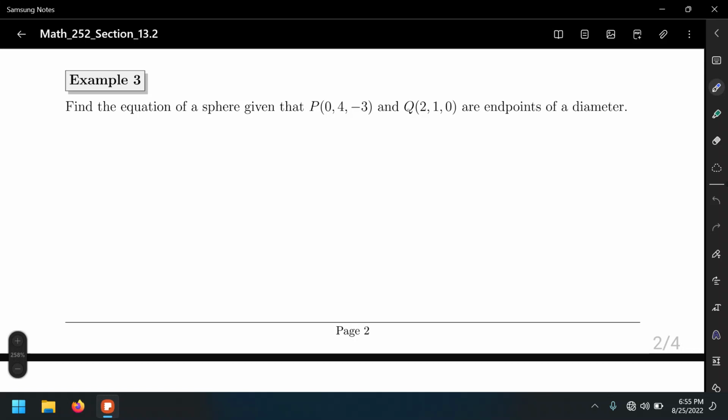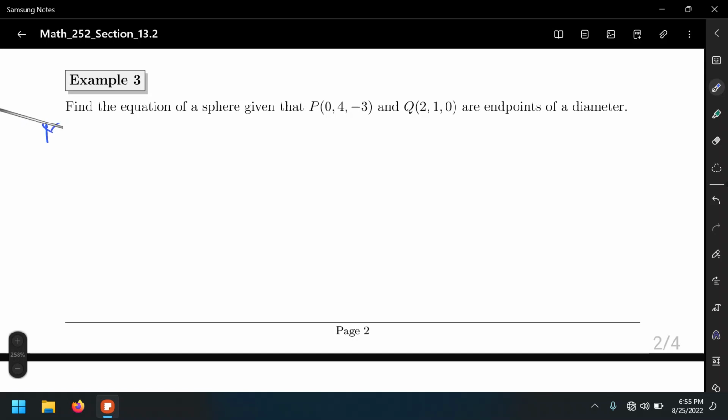There are two elements we need to find the equation of the sphere, in a similar way as for the circle: the center and the radius. In this case, these two points describe the diameter, not the radius. Let's find the center first, by finding the midpoint.